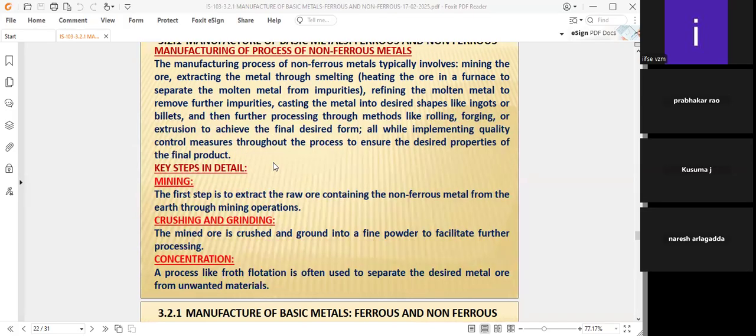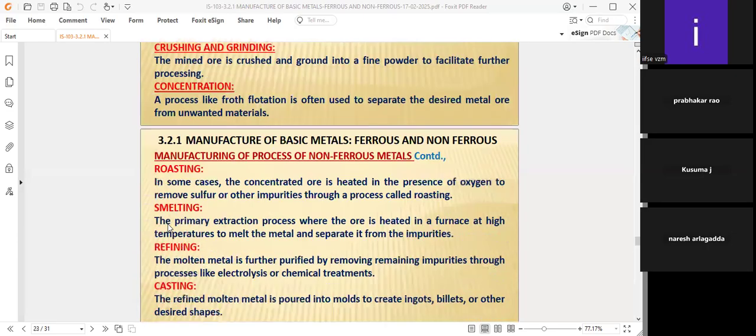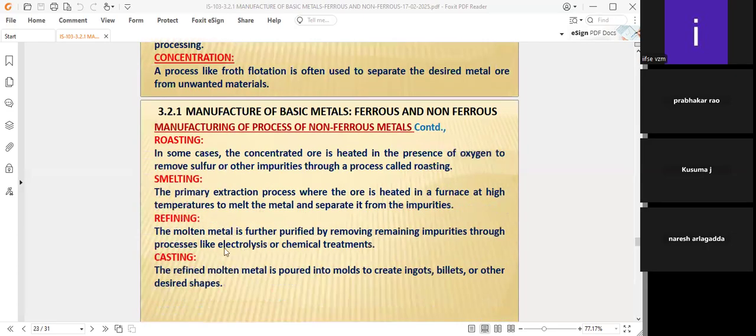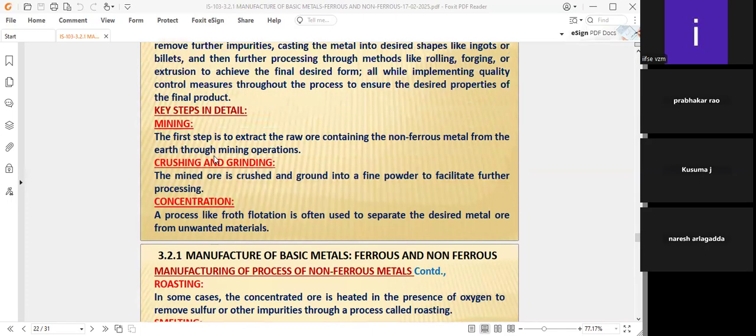What are the key steps in the manufacture of non-ferrous metals from the ore? After the first mining: crushing and grinding, concentration, roasting and smelting, refining and casting. These are the steps involved in the manufacture of non-ferrous metals. Whereas in ferrous metals, it is mining, concentration, and only the melt formation, removing the oxygen.